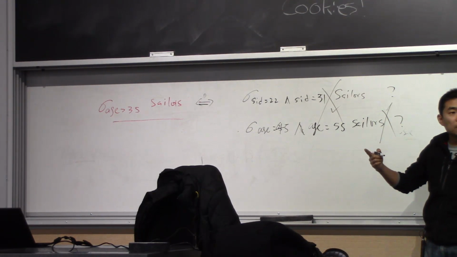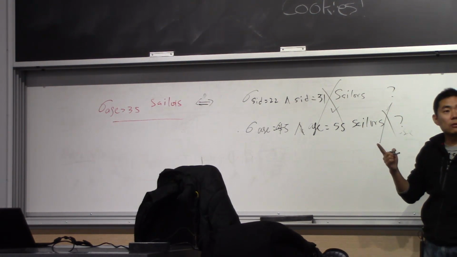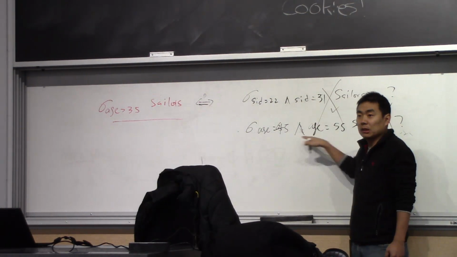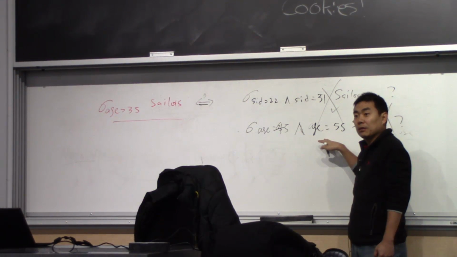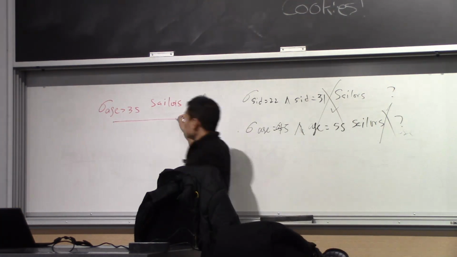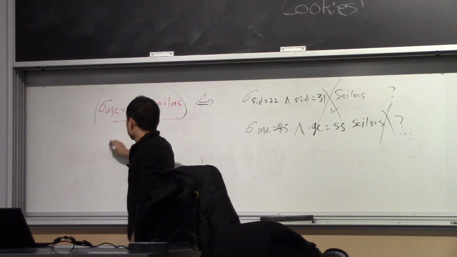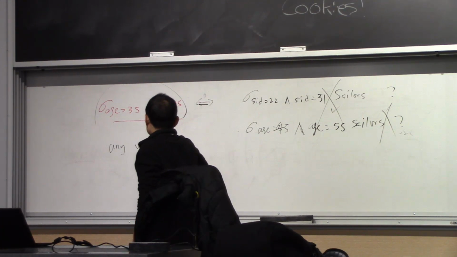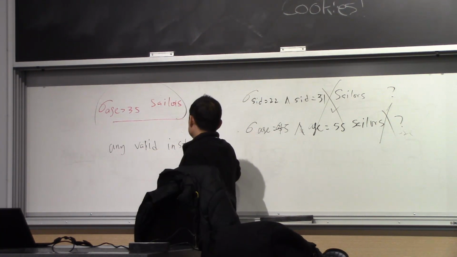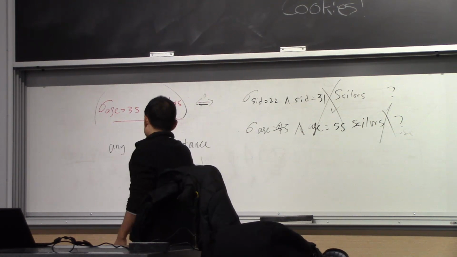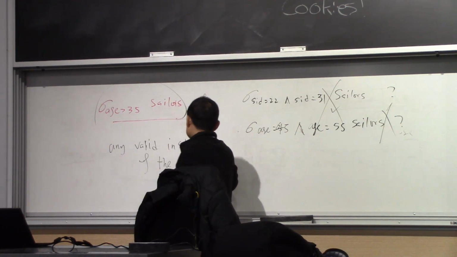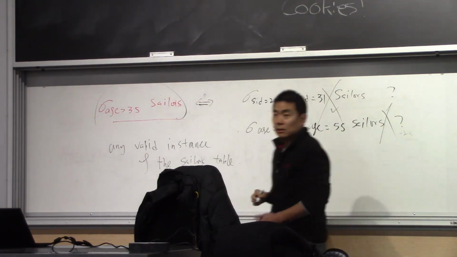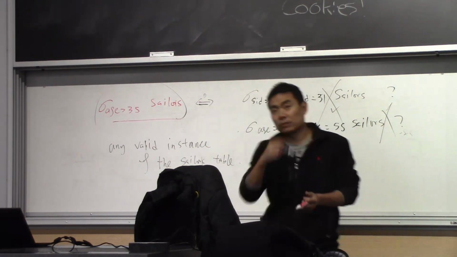I may insert another sailor record who is not captured by your existing selection condition, and it's wrong. Whereas if you think about this approach, it works for any valid instance of the Sailor's table. So that's the requirement.